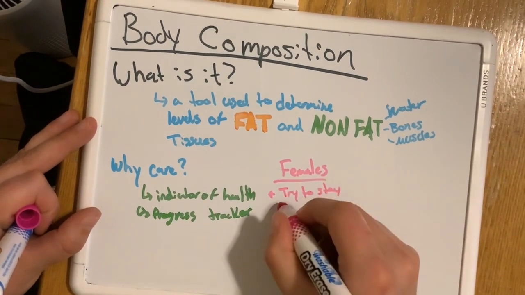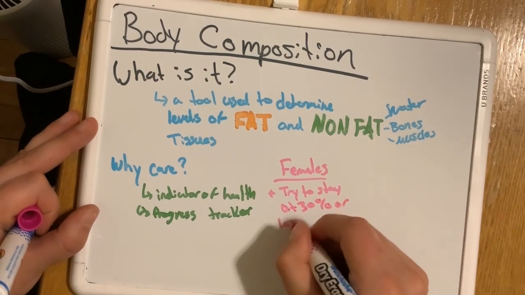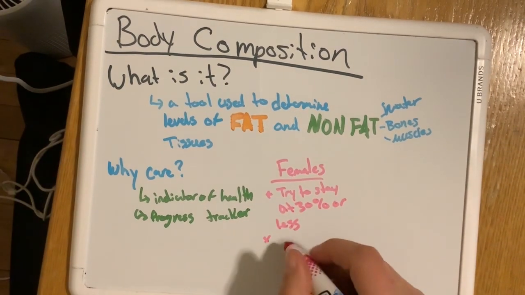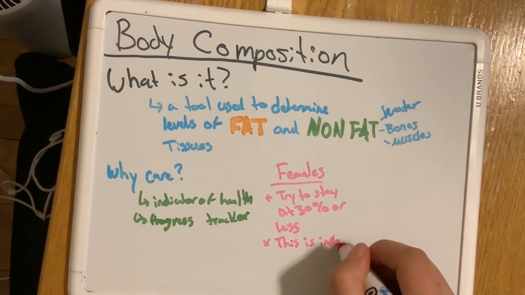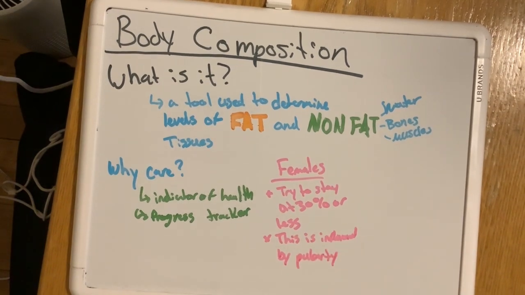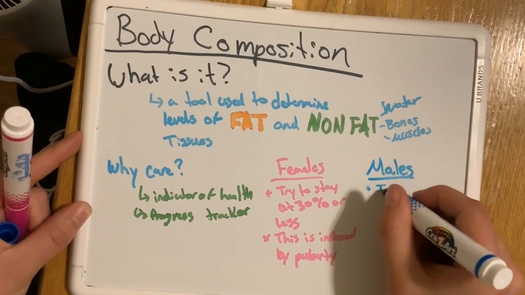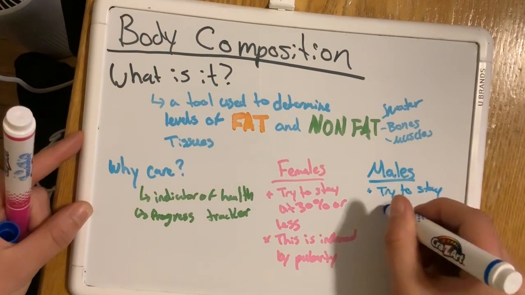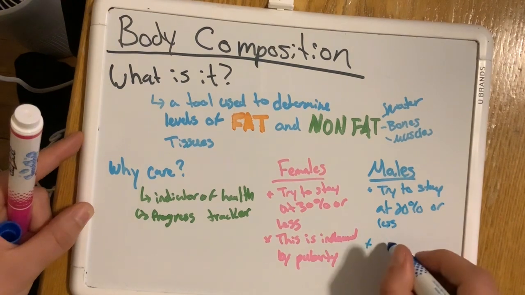Now, it looks differently in females than it does in males. So for females, we say to try to stay under about 30% or less of body fat. And this is something that fluctuates during puberty. So during puberty, females have more fat in their body because obviously the different functions that their body has to support. For males, try to stay under 20% or less.